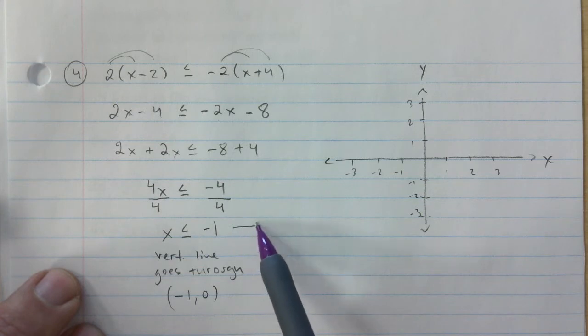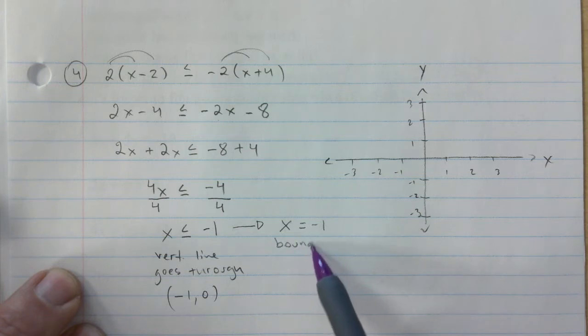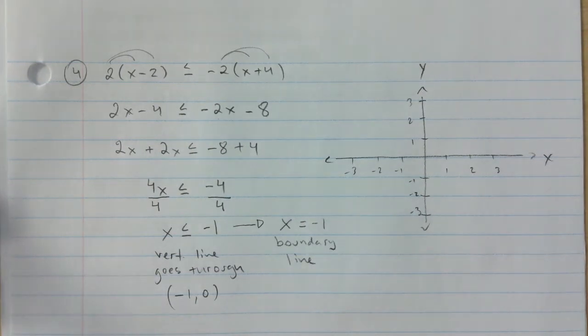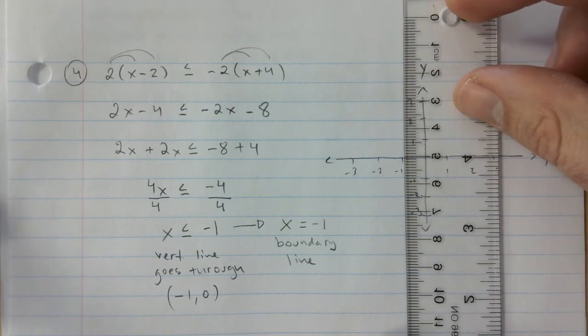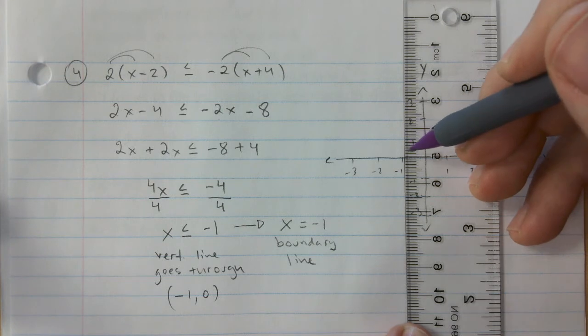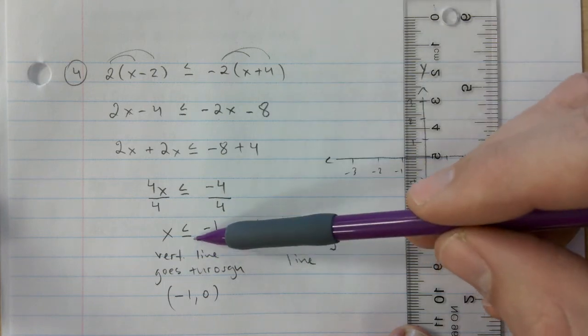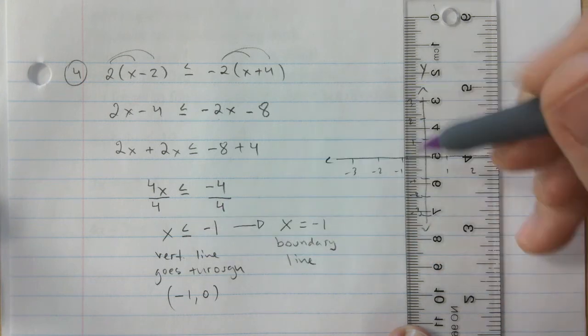From this, we get our boundary line, which is x is equal to negative 1. So that goes through right here, negative 1. And before I make my line, you always have to ask yourself, is it solid or dashed? And because there is the equal underneath the inequality, this is going to be a solid line.